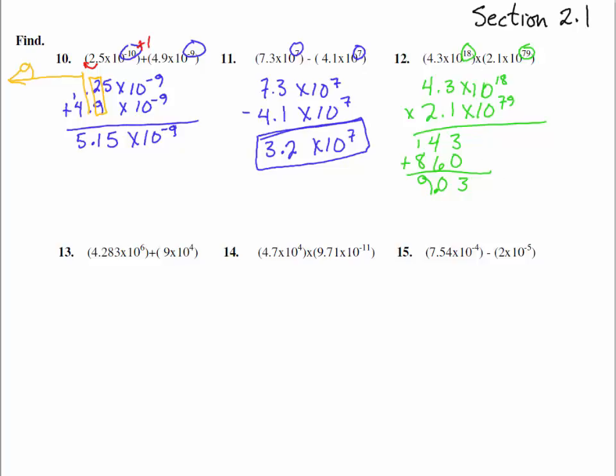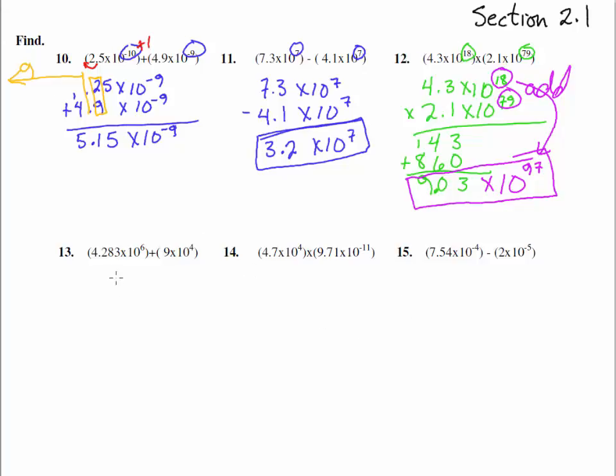Now, what do we do with the times 10 to the? Do we remember? We add. Add these together. 18 plus 79 is 97. So 9.03 times 10 to the 97th, and we got it.